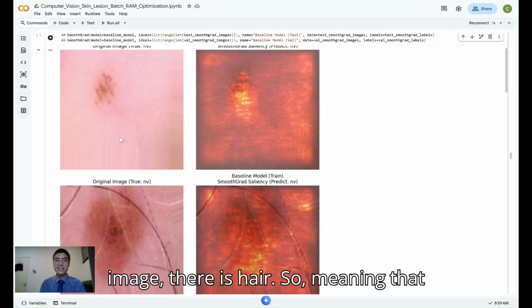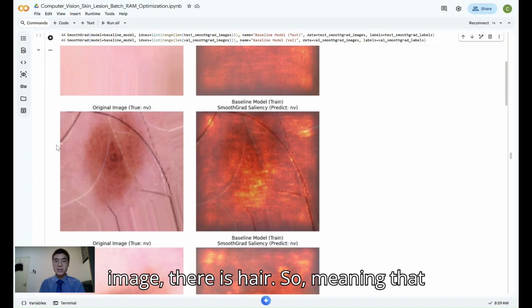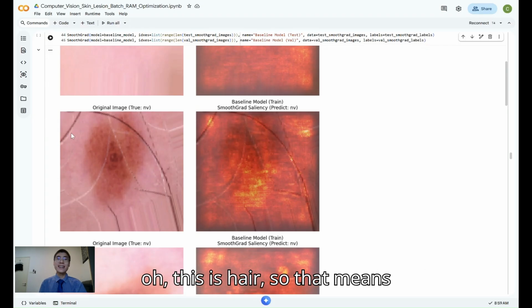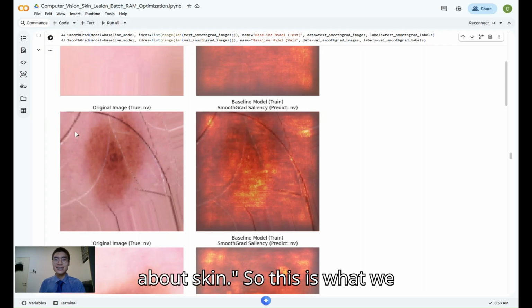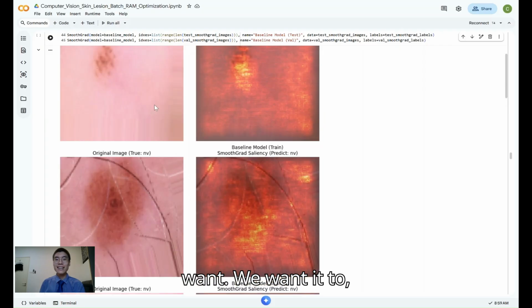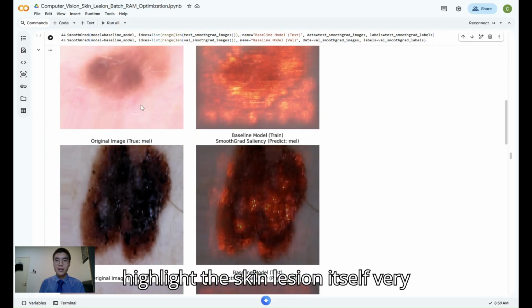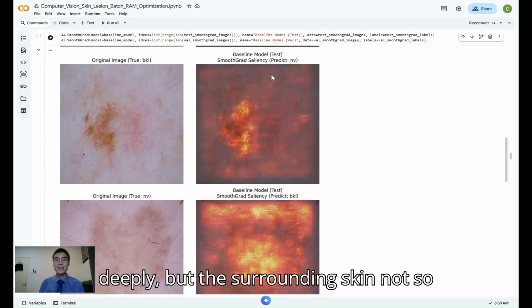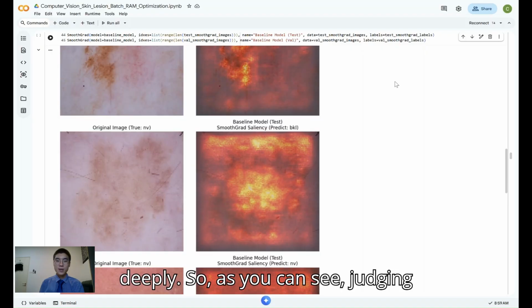For example, in this image, that is hair. The machine sees hair and identifies, oh, this is hair, so that means this is skin. This is an image about skin. So this is what we want. We want it to highlight the skin lesion itself very deeply, but the surrounding skin not so deeply.